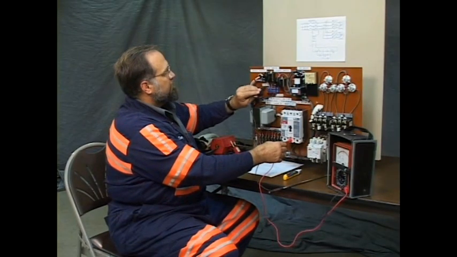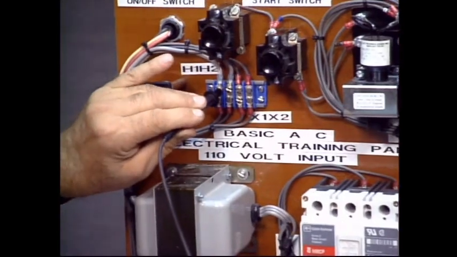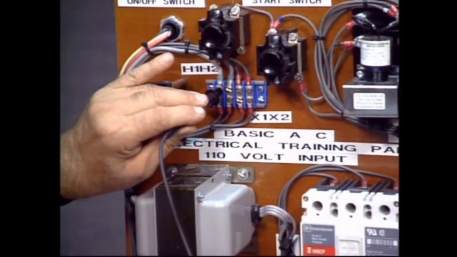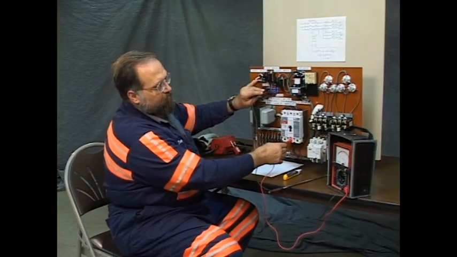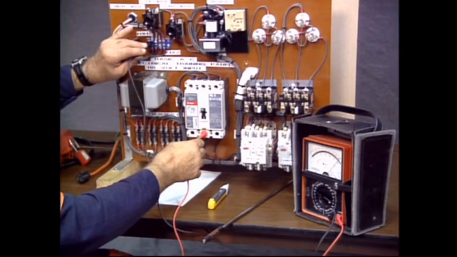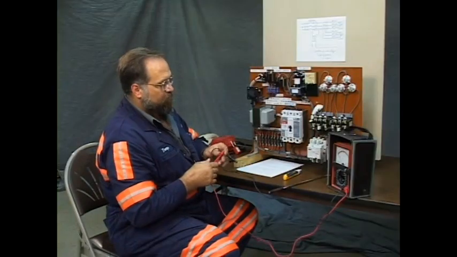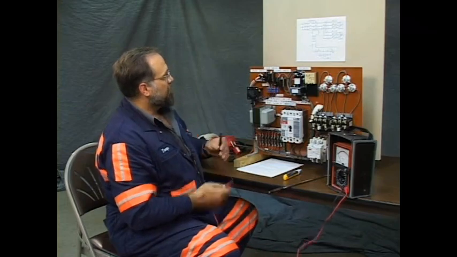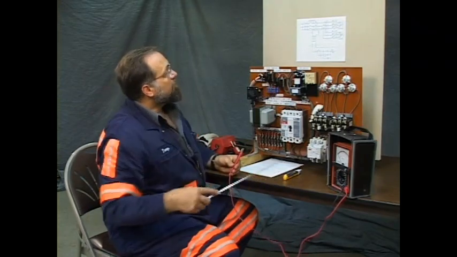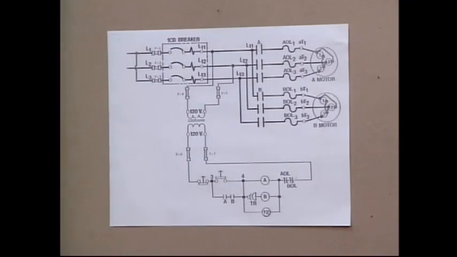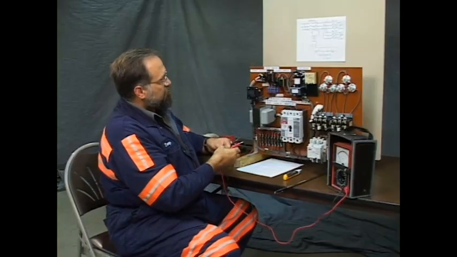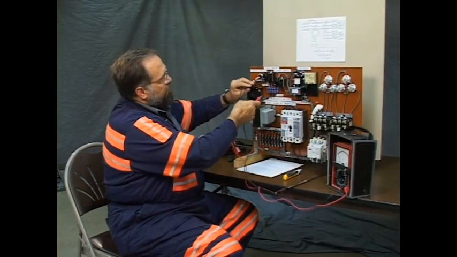Let's proceed to H2. Again, it's got a little resistance, like less than an ohm. That would not indicate a problem. That's probably a poor connection of the probes. To complete the primary circuit, let's read the primary of the transformer, from H1 to H2.